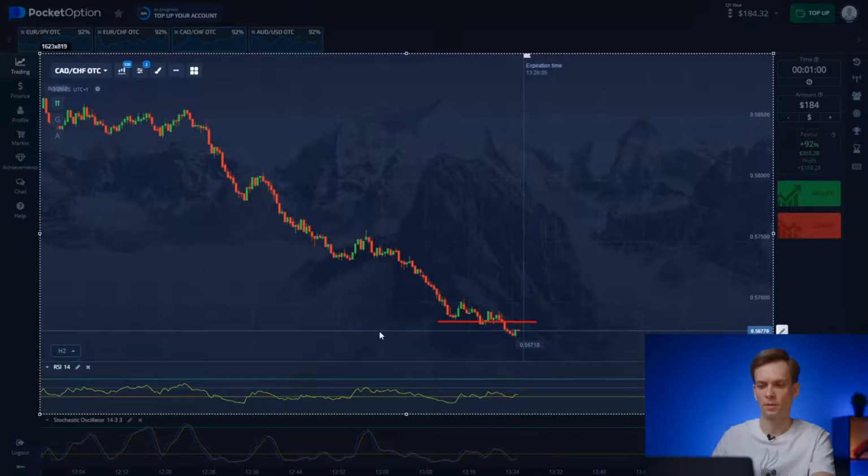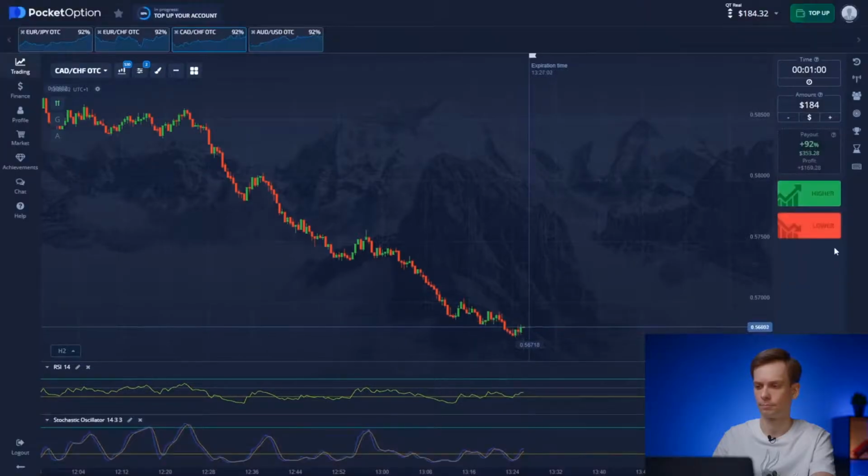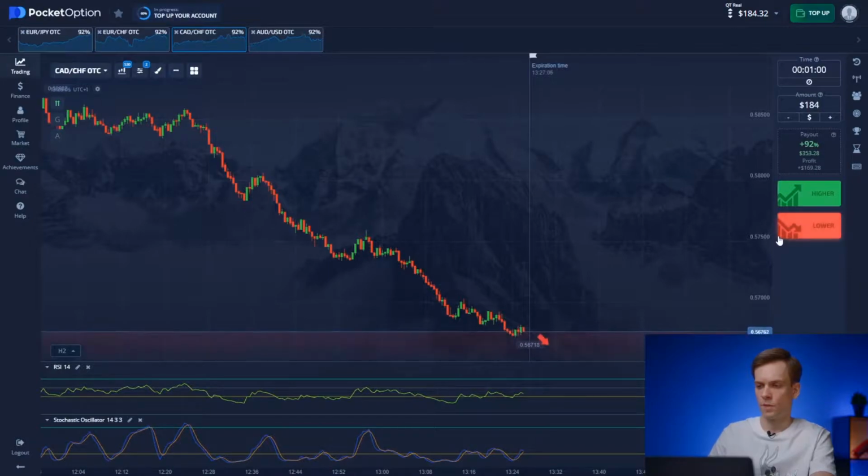Now it's turned into a resistance level. The price reached its peak and then went through a prolonged downtrend. Currently, both indicators are signaling a bearish trend, so it's a downward investment. Yeah, here we go.